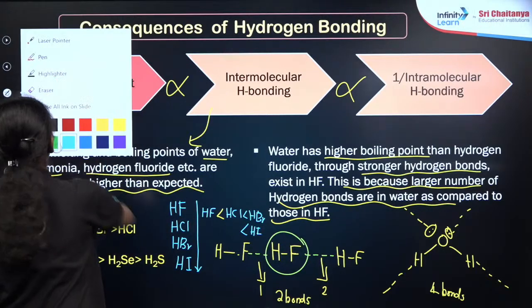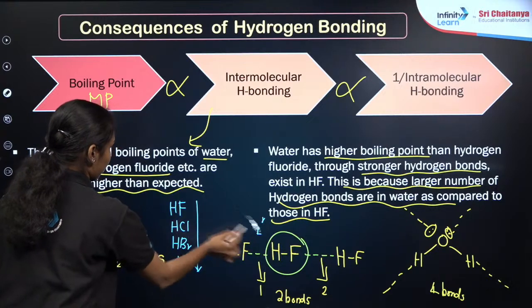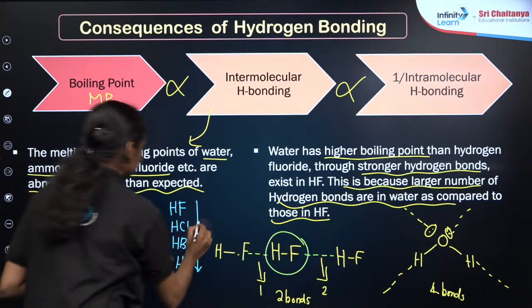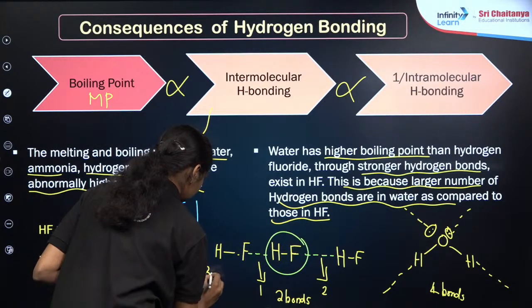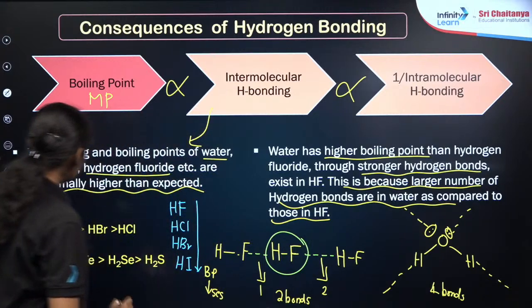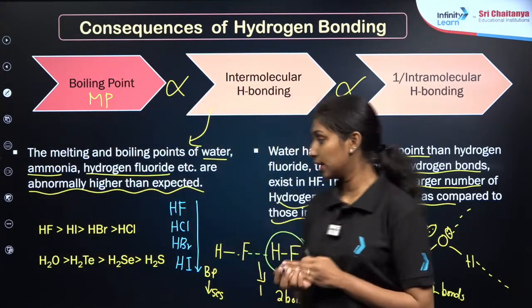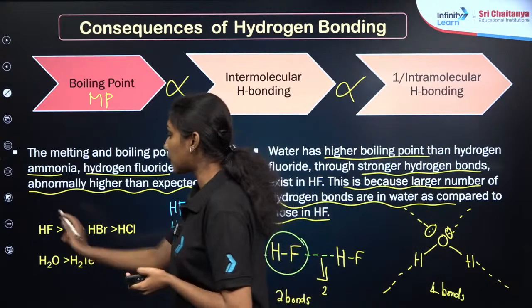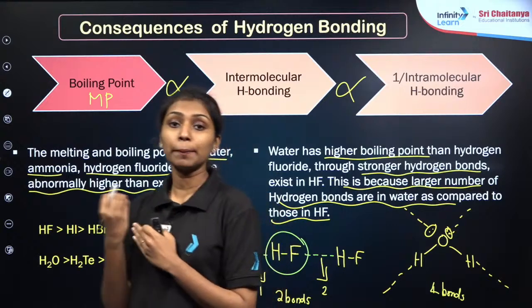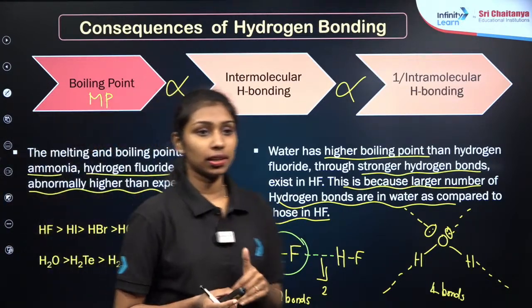So we are getting the order HF greater than HI greater than HBr and HCl. Clear? Due to the presence of intermolecular hydrogen bonding in the case of HF, it will have a higher boiling point as compared to HI, HBr and HCl.